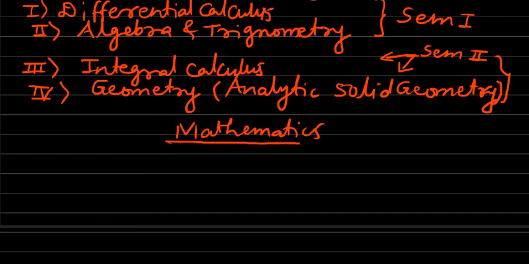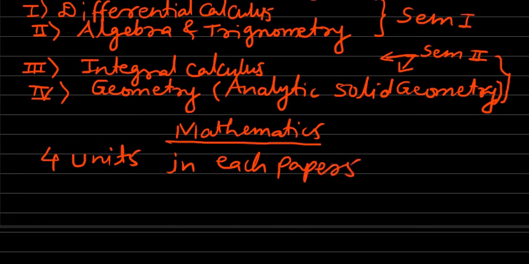Similarly, there are 4 units in this geometry paper also. The first unit is about coordinates and transformation of coordinates. The second unit is about the plane. The third unit is about the right line. And the fourth unit is about spheres, cones and cylinders.